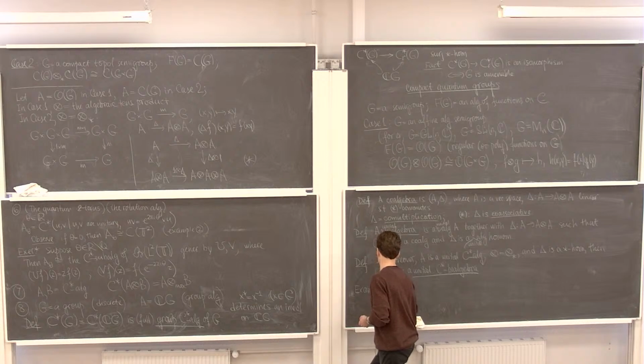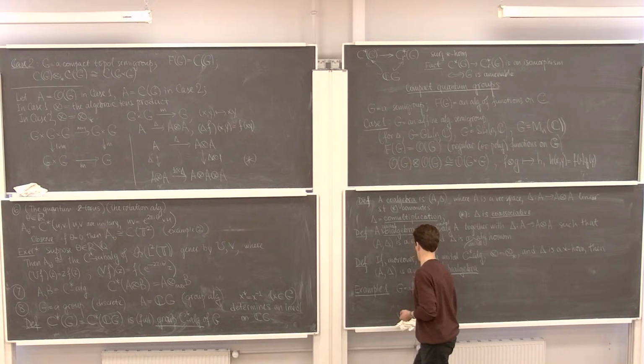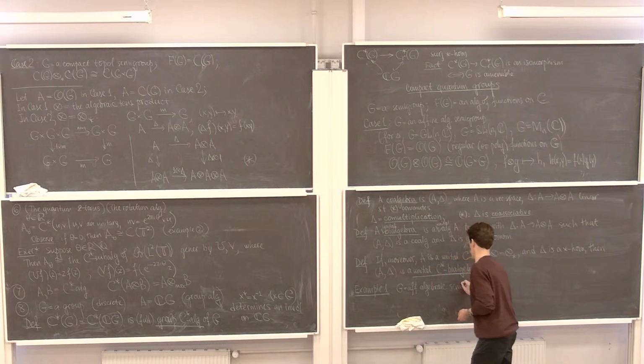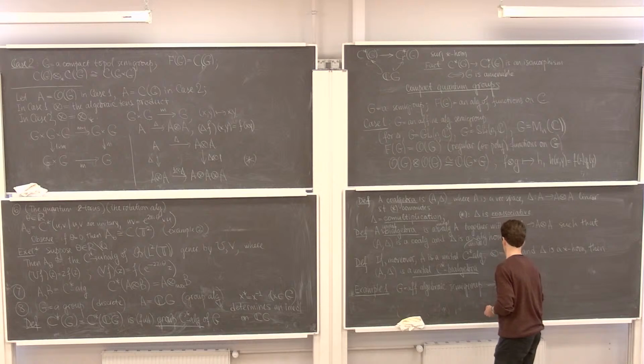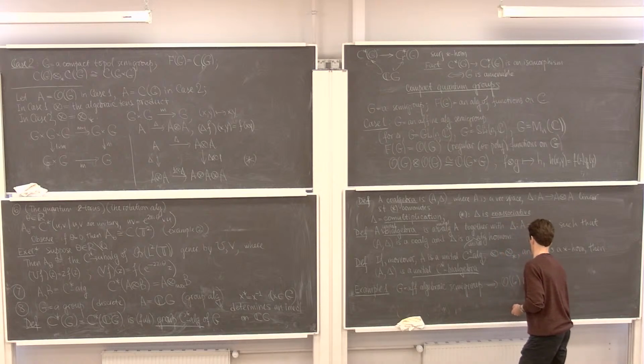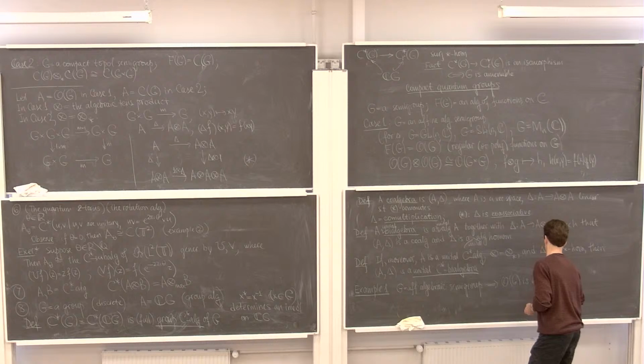Example 1. If G is an affine algebraic semigroup, then O of G, the algebra of regular functions, is a unital bi-algebra.